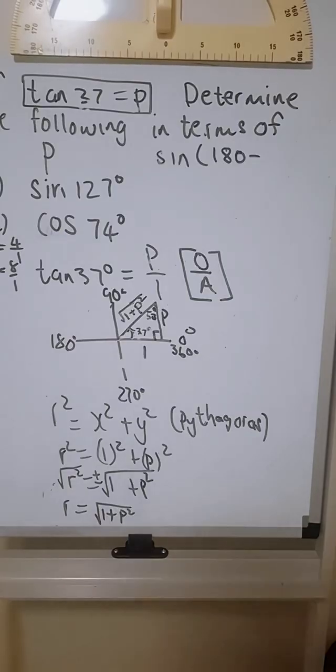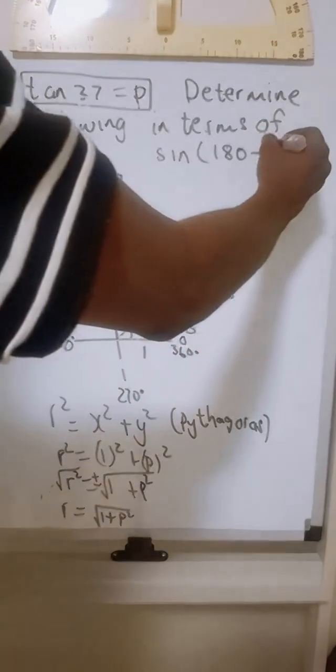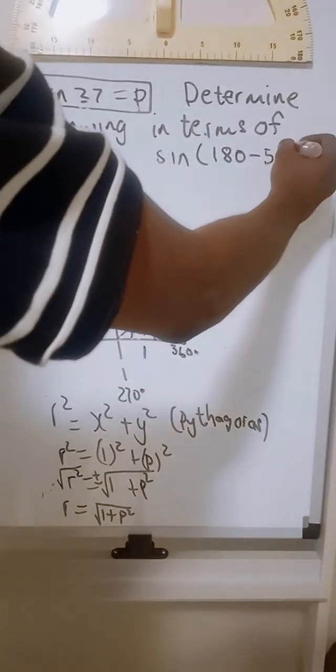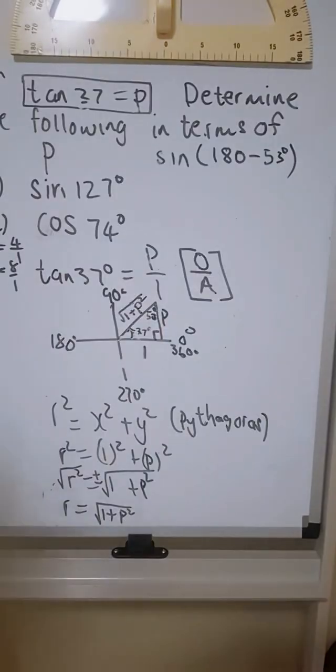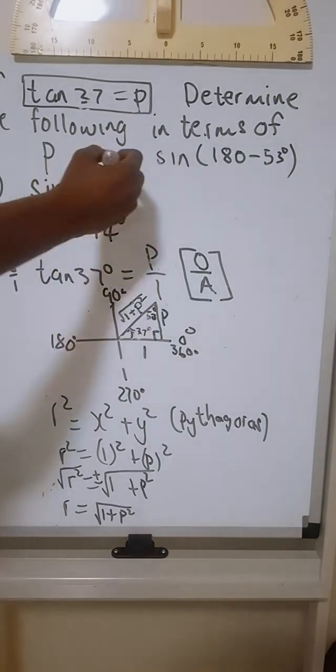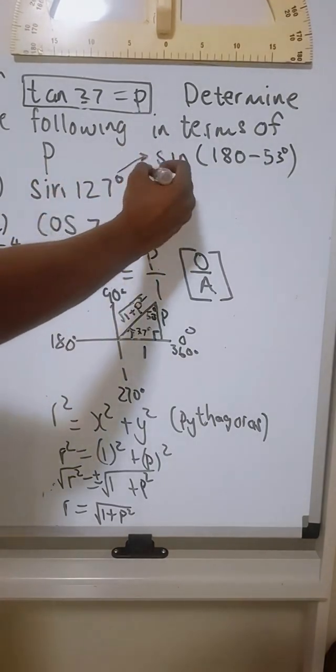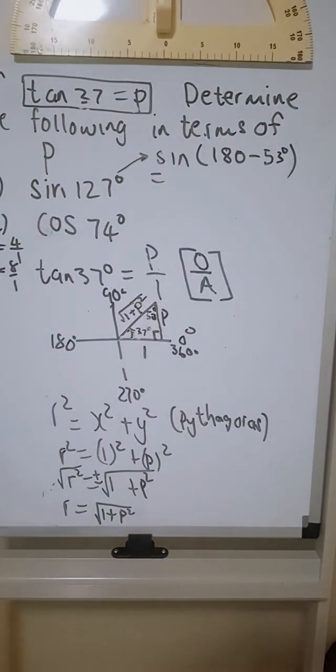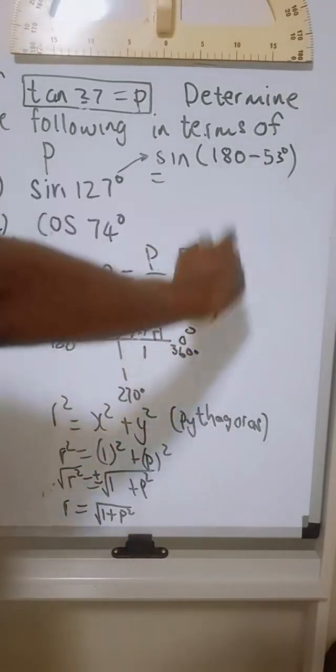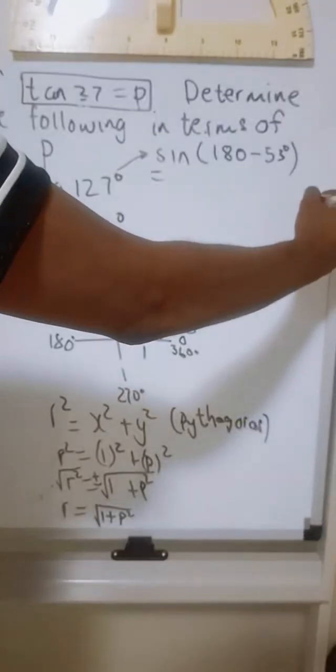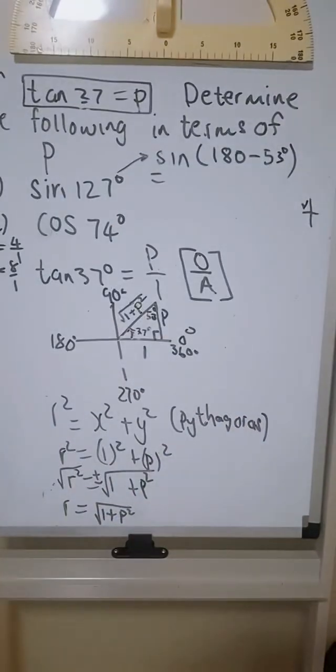Yes, Tolan, you see. (180 minus 53 degrees). You see? So we're just expressing this. Then 180 minus is in which quadrant? It's in the second quadrant.